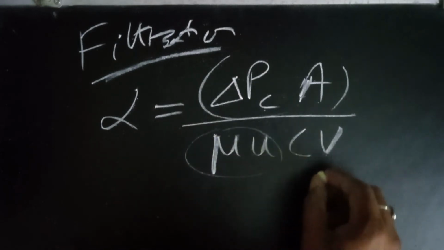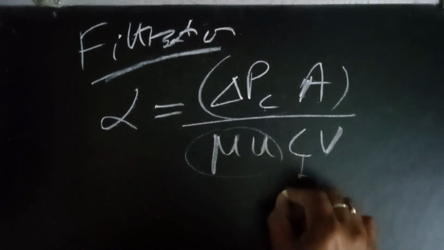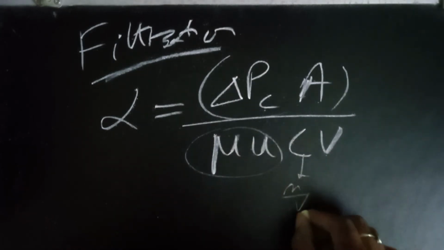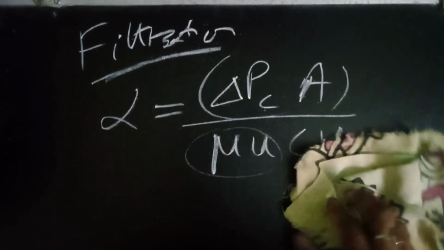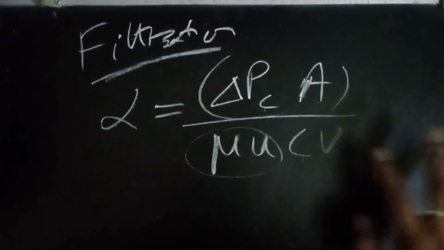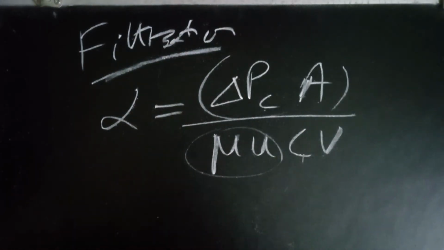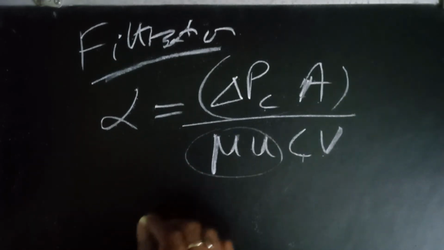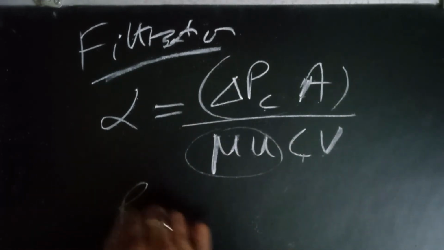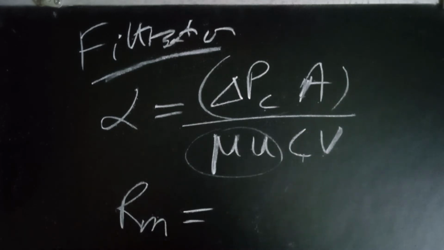So mu u cv, where c is mass upon volume, so volume should cancel, but we have written it like this so that we get volume here. Okay, so this is alpha, specific cake resistance.